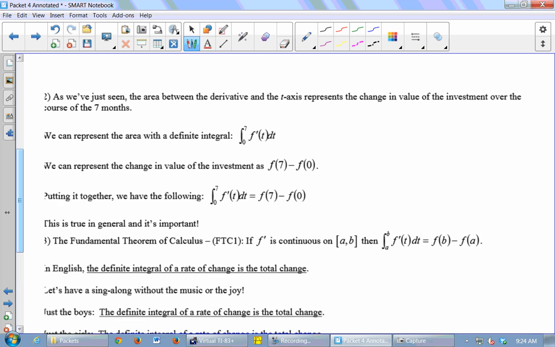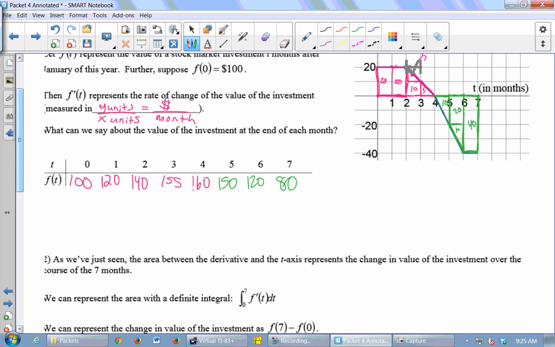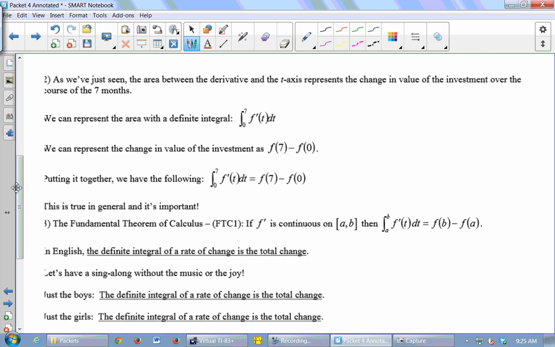So I have 2 ways to calculate total change in my investment. I can take a definite integral of the derivative function, or I can just use the original function, plug in 7 and 0 and subtract them. So putting it together, these 2 things are equal. 2 ways of calculating the same value.